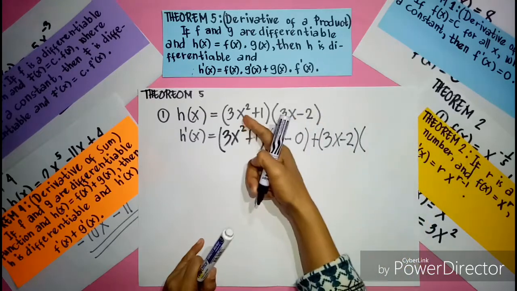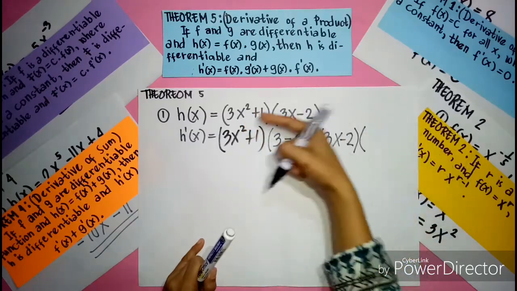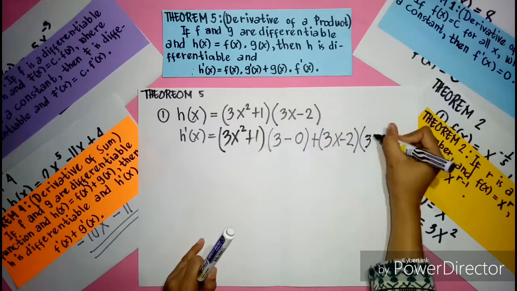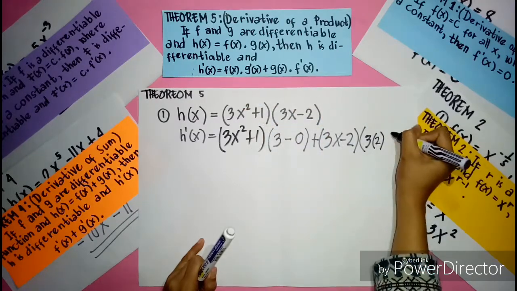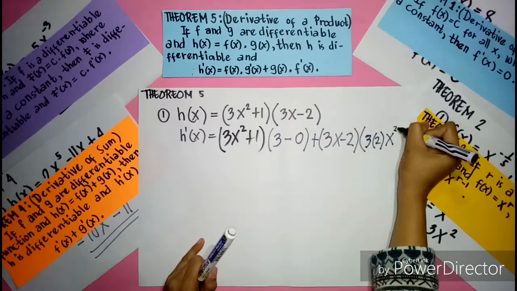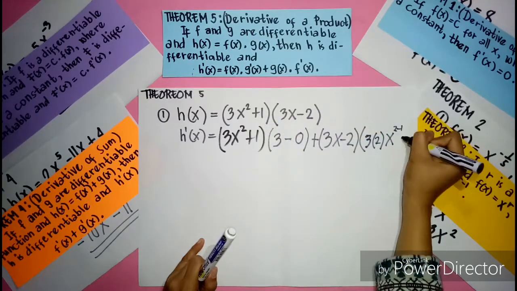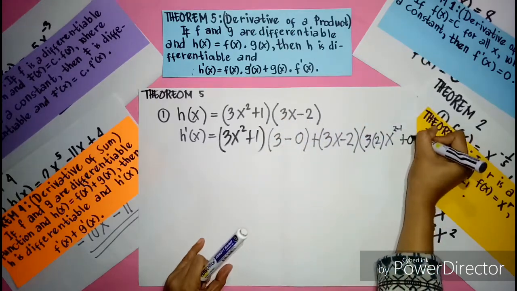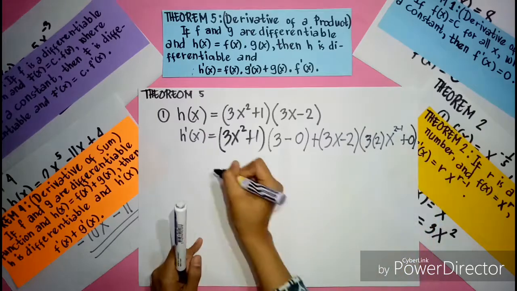multiplied by the derivative of your f of x. So rewrite 3, bring down the exponent 2, so 2x to the 2 minus 1, plus the derivative of the constant, which is just 0.